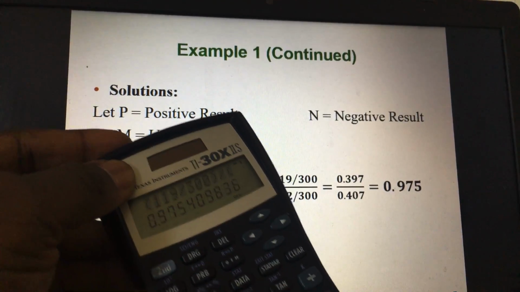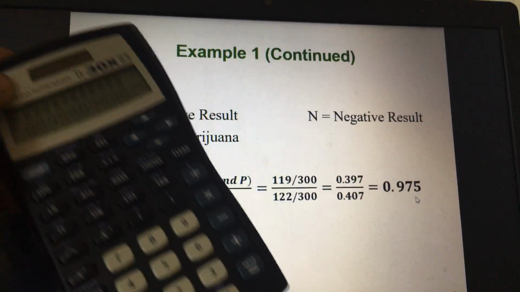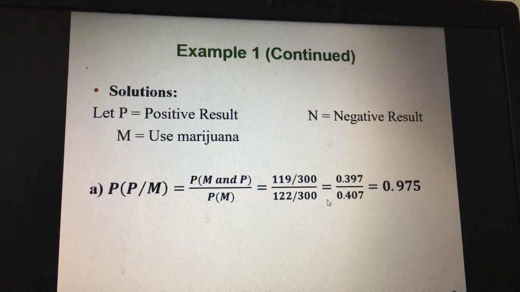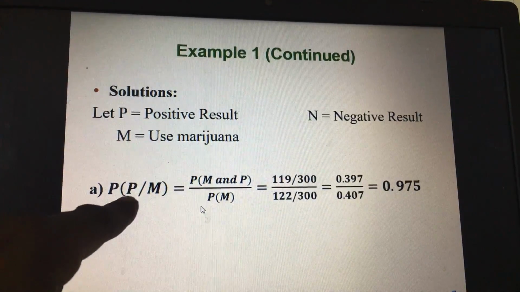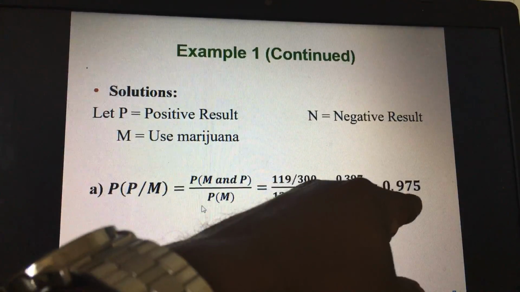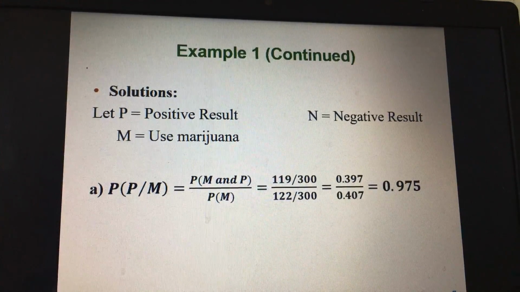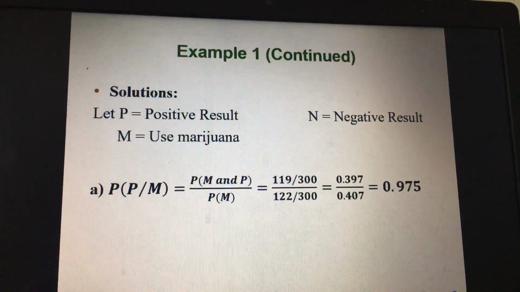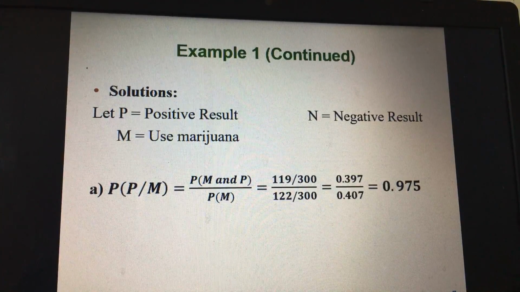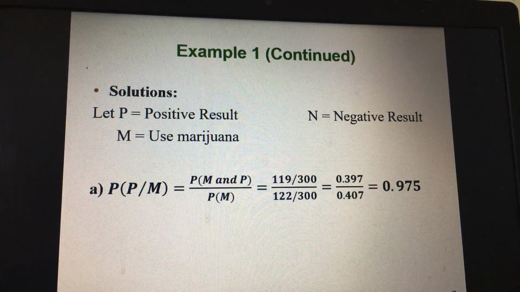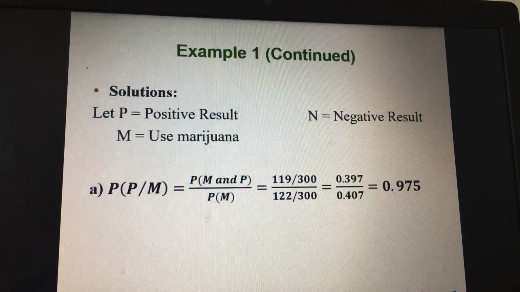So this means that the probability that the subject tested positive, given that he uses marijuana, is 0.975, or you can call it a 97.5% chance. I hope that makes sense. I'm sure it does.